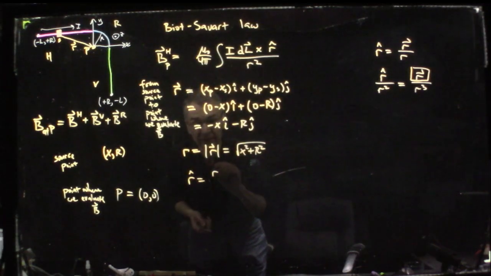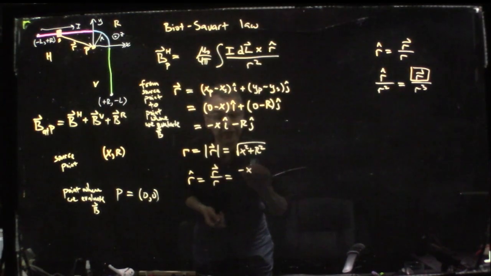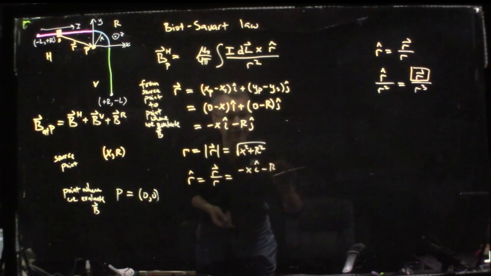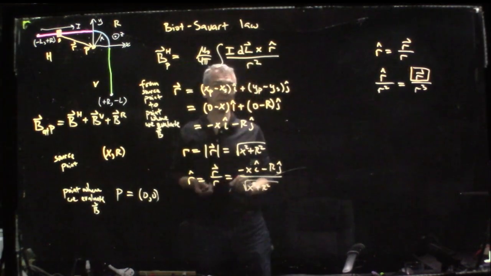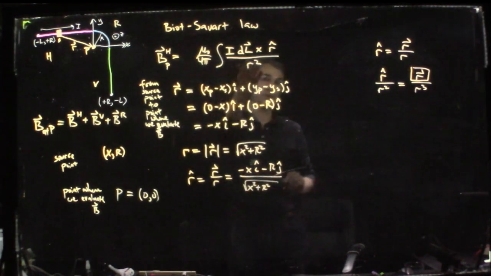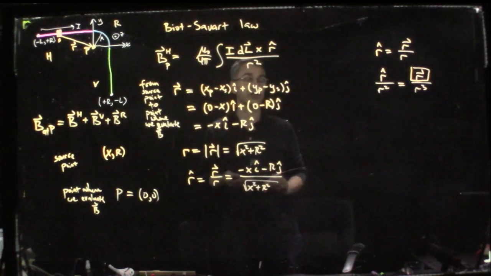This is like r vector over r, which is minus x i hat minus r j hat divided by the square root of x squared plus r squared. Okay, and then, but the thing is, then I also have r squared in the denominator. So you know eventually it's not going to be the 1/2 power, it's going to be the 3/2 power in the denominator, because we have 2 more powers of r.